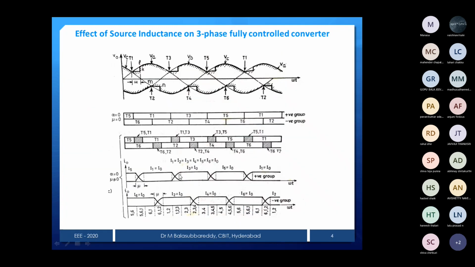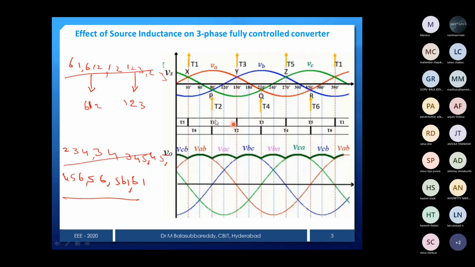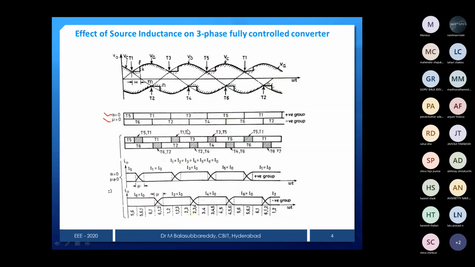Now we can see the effect of source inductance. In the first instant, alpha is 0 and the overlap period is 0. This is the same as the previous slide I showed. So 5 6, 6 1, 1 2, 2 3 and so on. This is the case, with the upper group positive devices and the negative group devices. These are the device conductions because we numbered them 1 3 5 4 6 2.